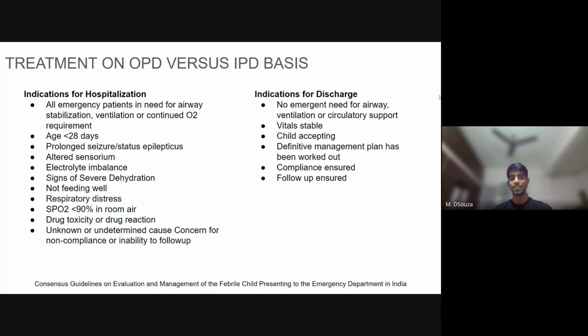If the child has had a history of seizures or is actively seizing in front of you, in those cases you would want to admit the child. If the child just generally does not look well, when there's signs of dehydration, if the child is breathing fast, if the child's hemodynamics are compromised, these are the conditions where you would consider hospitalizing the child, and anything apart from that you could manage on an OPD basis.